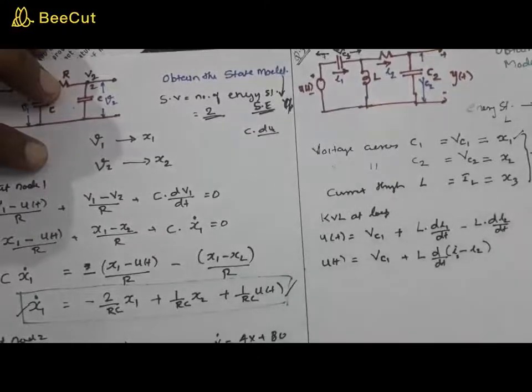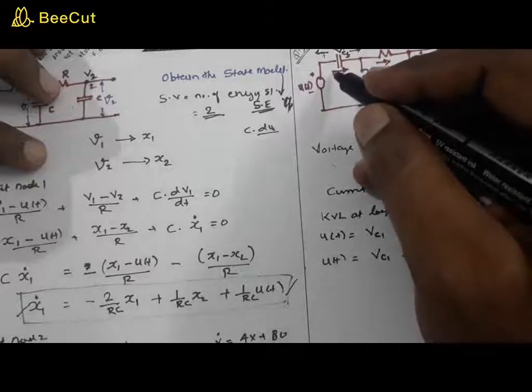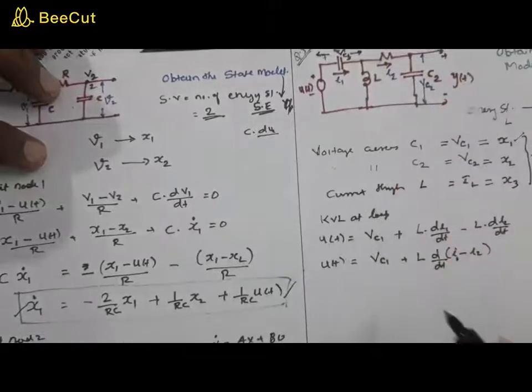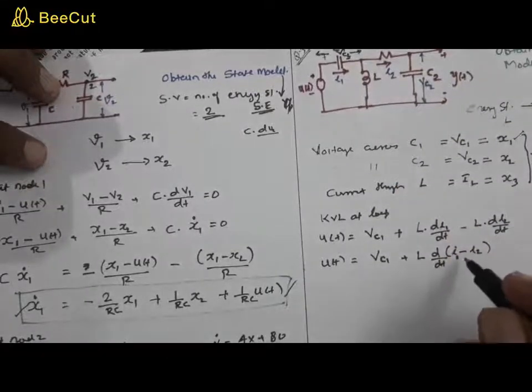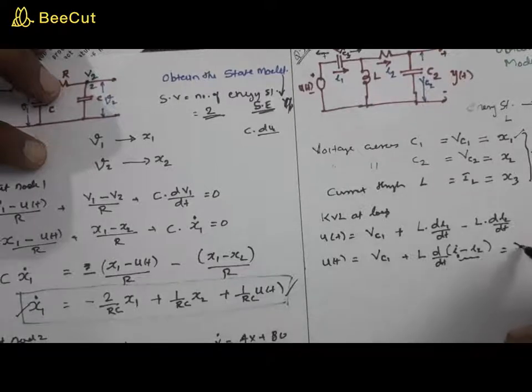IL is the current flowing through this inductance, so the effective current will be I1 minus I2. So you can call this difference IL, and rewrite this equation as VC1 plus L into d IL by dt.